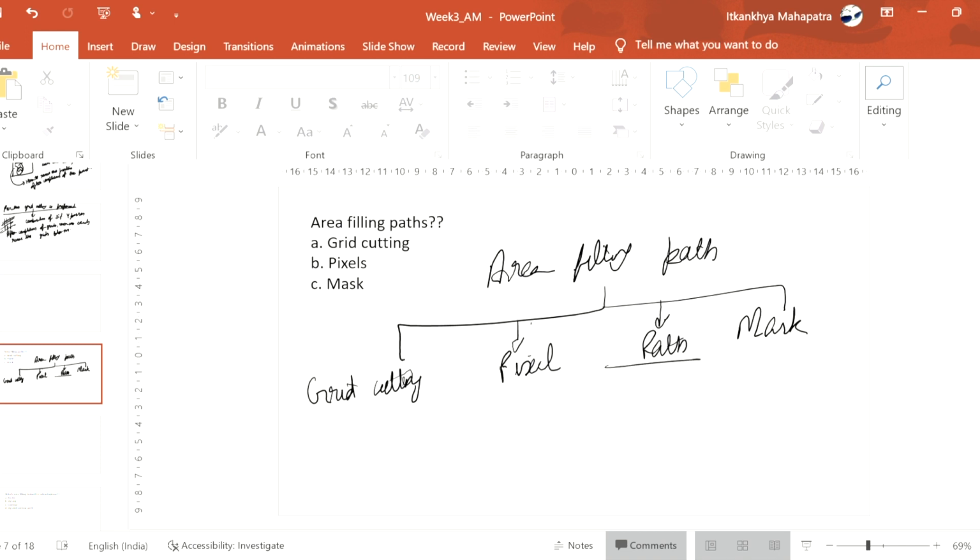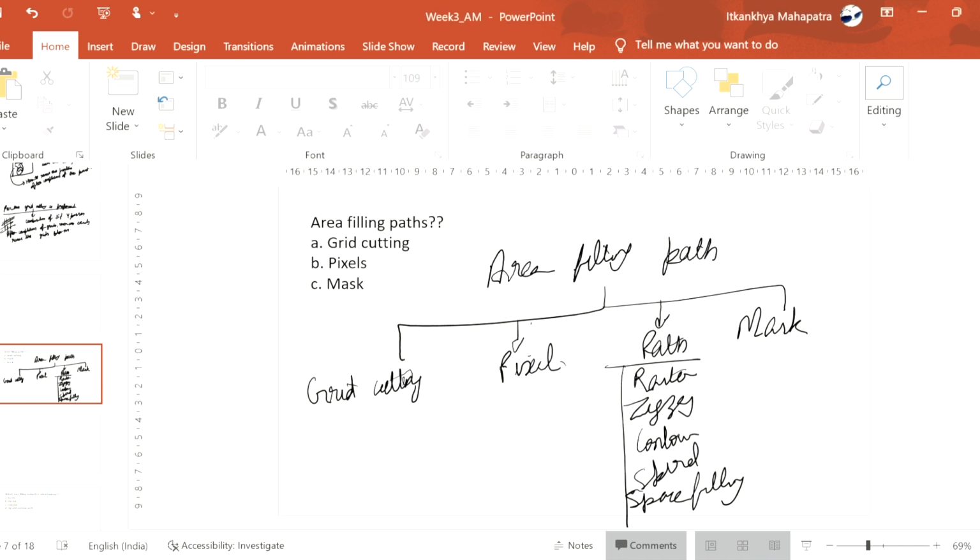Path includes the different types of path to be followed, like raster, zigzag, contour, spiral, hybrid, continuous, and space filling. So these all belong to path.